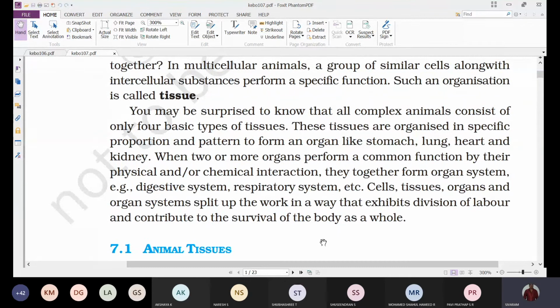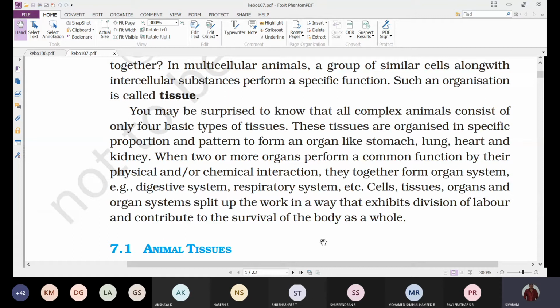you may be surprised to know that all complex animals consist of only 4 basic types of tissues. Even though they are performing different functions, with different cells, different organs, different organ systems and different functions, when you observe all these cells, they are basically grouped into 4 types of tissues.